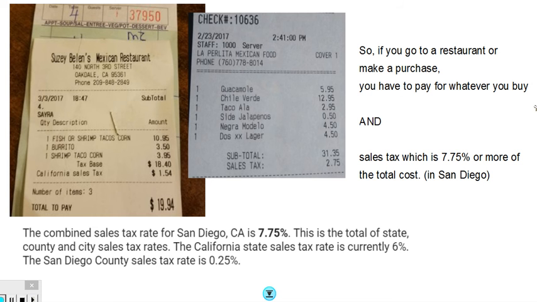And by states and even by cities, we pay different percentages of tax. So if you look here, this is something I found online, and in San Diego, our sales tax is 7.75%. And it's actually increased, so now it is higher than before.